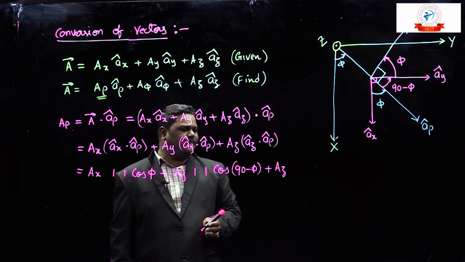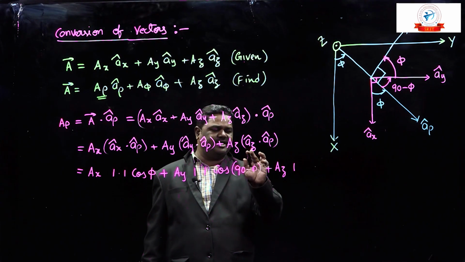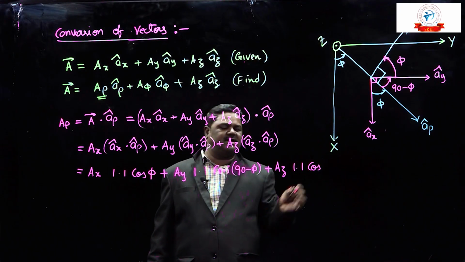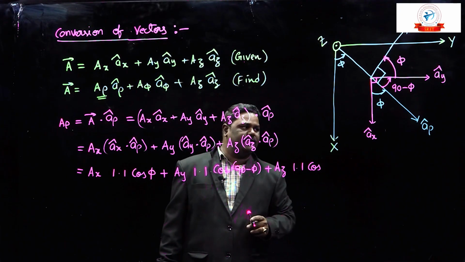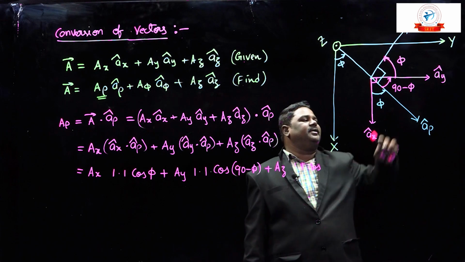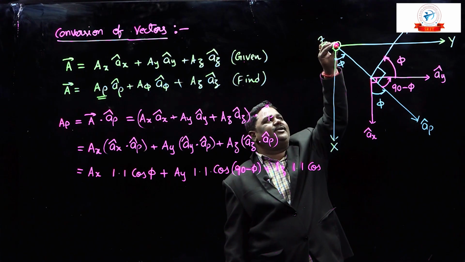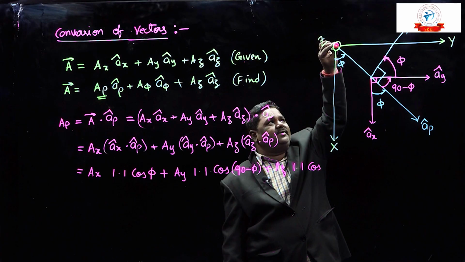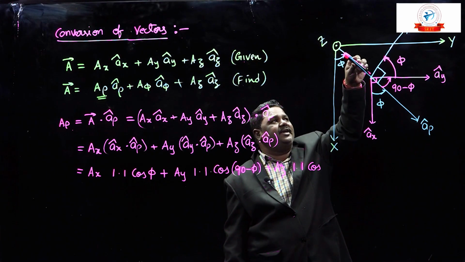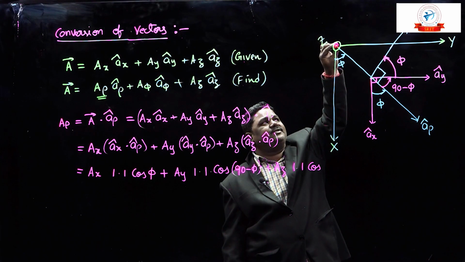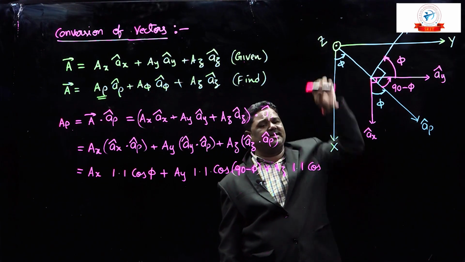z component into the magnitude of az cap, which is 1, the magnitude of a rho cap, which is 1, cos of the angle between az cap and a rho cap. Okay. So a rho cap is exactly on the xy plane, and az cap is perpendicular to the xy plane. So the angle between a rho cap and az cap is 90.